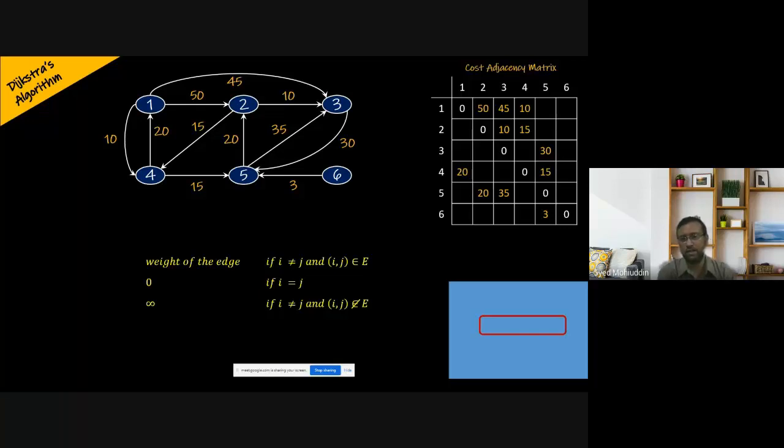So the weights are assigned using i comma j, in the ith row and jth column. Diagonals are 0, and if i is not equal to j and i and j is not an edge, then everything is assigned as infinity. So if there is no direct edge, then it is infinite.